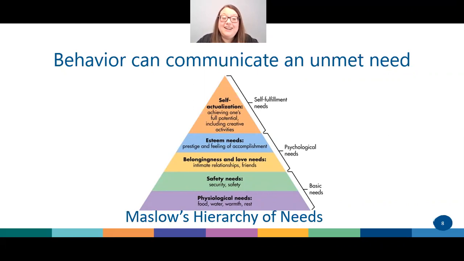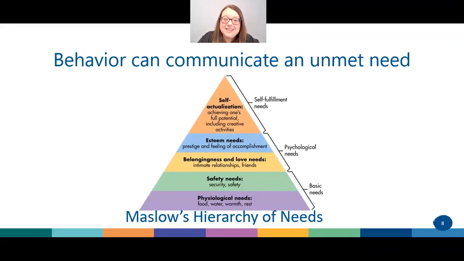The next order on Maslow's hierarchy of needs, after physical needs, after safety needs, after relationship needs, are esteem needs. So now we're talking about our own personal sense of accomplishment, our own sense of achievement. Having goals and being able to meet them are some ways to think about esteem needs.